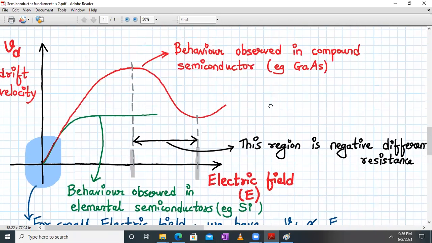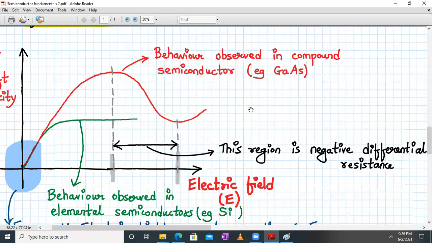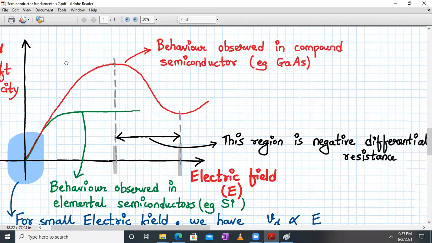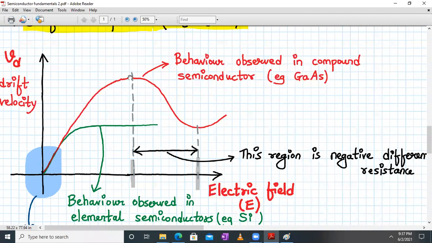Now, a very interesting behavior of compound semiconductors is the region of negative differential resistance. We have some semiconductor devices which operate in this region, and it has some interesting properties. Over here, as you can see, for compound semiconductors the drift velocity reaches a peak, then it falls down, and again it increases.